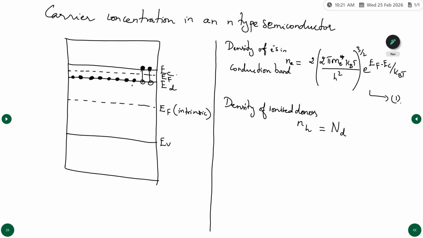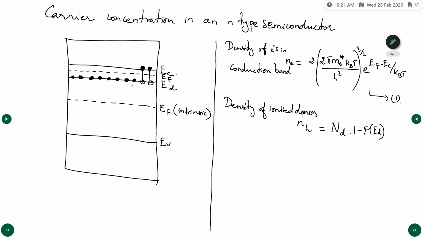We want to find the ionized donors here, nothing but the holes. So it is multiplied by the probability of finding the holes. What is the probability of finding the electron? Generally f of E. So 1 minus f of E means finding the holes, right? So here Nd into 1 minus f of Ed. Understood?